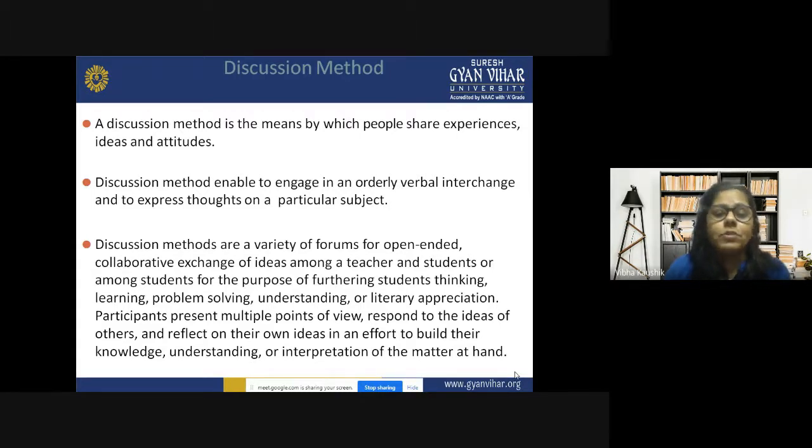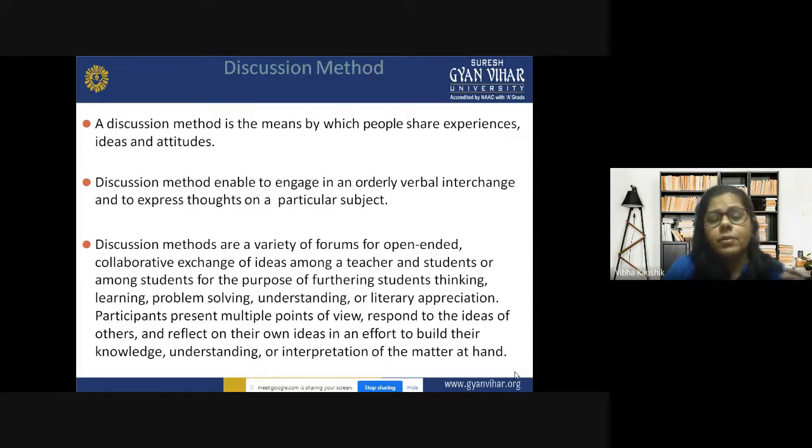Or literary appreciation. Participants present multiple points of view. They will present different viewpoints related to that particular subject or concept. They respond to the ideas of others, the ideas that have been shared by other people, and reflect on their own ideas, the ideas which have been shared by them, in an effort to build their knowledge.